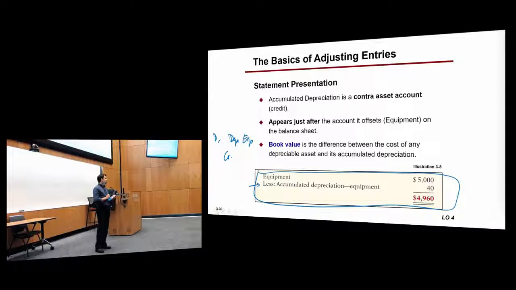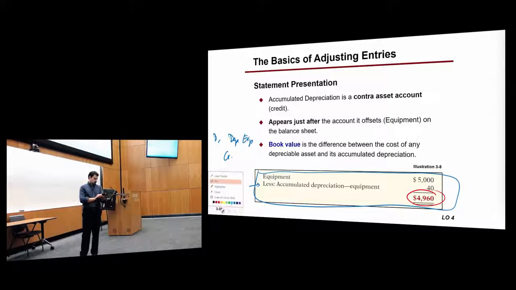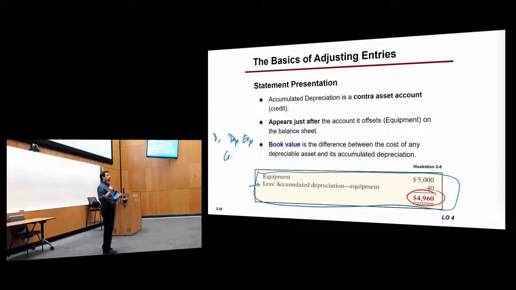Okay? The two together will give you the book value. This is what we call the book value. And the book value is basically what? This is according to the company's books. The part that remains in the asset and is not spent. The part that we have not converted to expense.